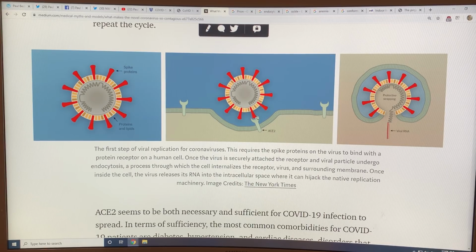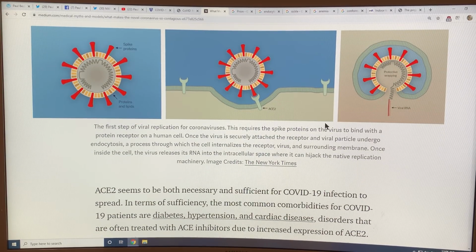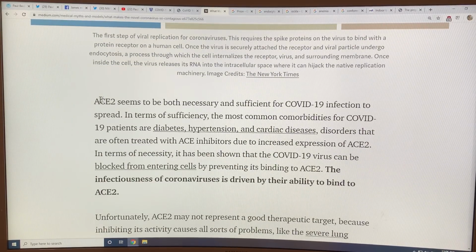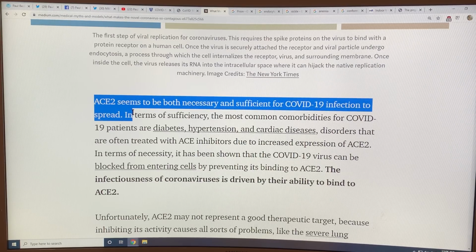The spike makes contact here, then this thing splits open, and the RNA goes right into the cell where it does its hijacking and nasty work, replicating itself. So the ACE2 is necessary and sufficient for the infection to spread.